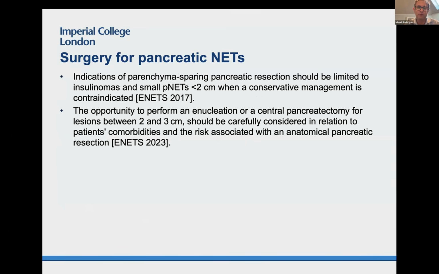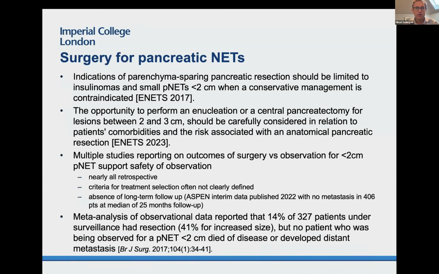In those cases, you can perform an enucleation or a central pancreatectomy for lesions between 2 and 3 centimeters. But the updated guidance from 2023 says that you should be carefully considering this in relation to the patient's comorbidities, and obviously the risk associated with an anatomical pancreatic resection. The morbidity associated with the Whipple's or distal pancreatectomy can often be a number of factors higher.